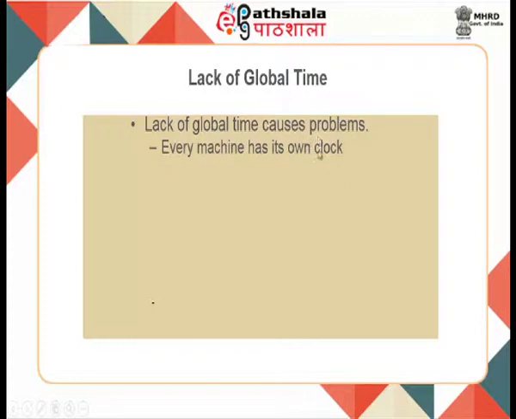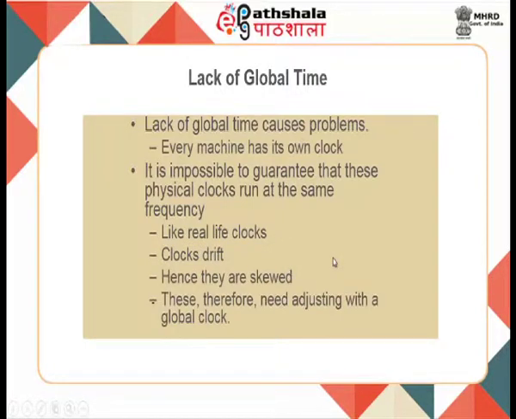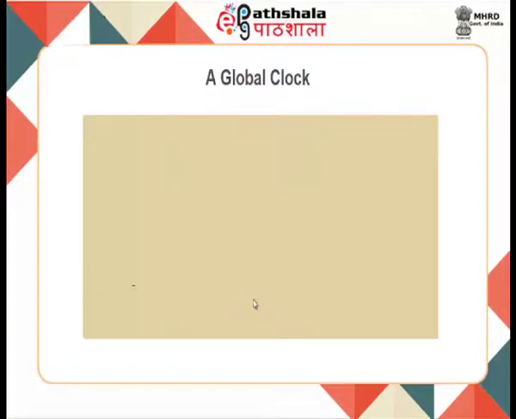Every machine has its own clock, and it is impossible to guarantee that the clocks will run together, and therefore, just like real time, we have clock drift and skew, and hence we need to adjust with the global clock. So, finally, we arrive at this decision that we do need a global clock, and we do need all the machines to be adjusting with that global clock, so that they are in sync with each other.